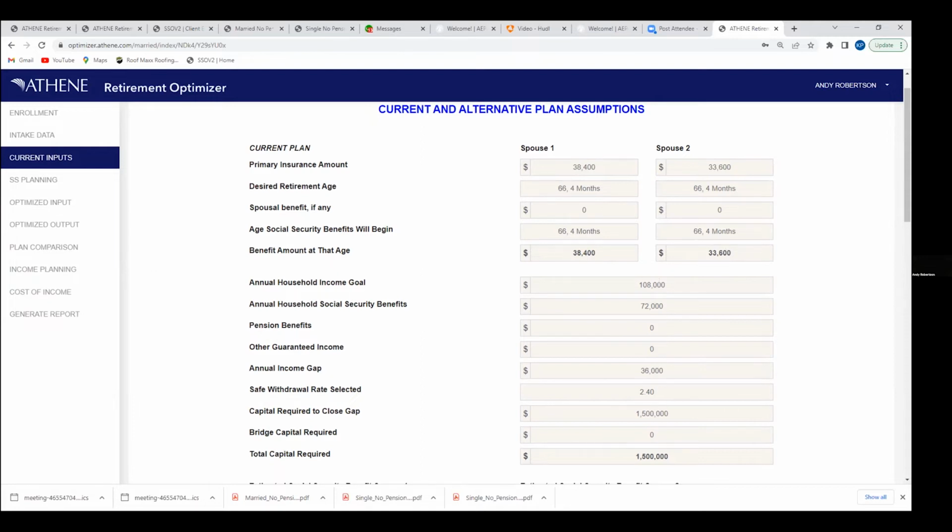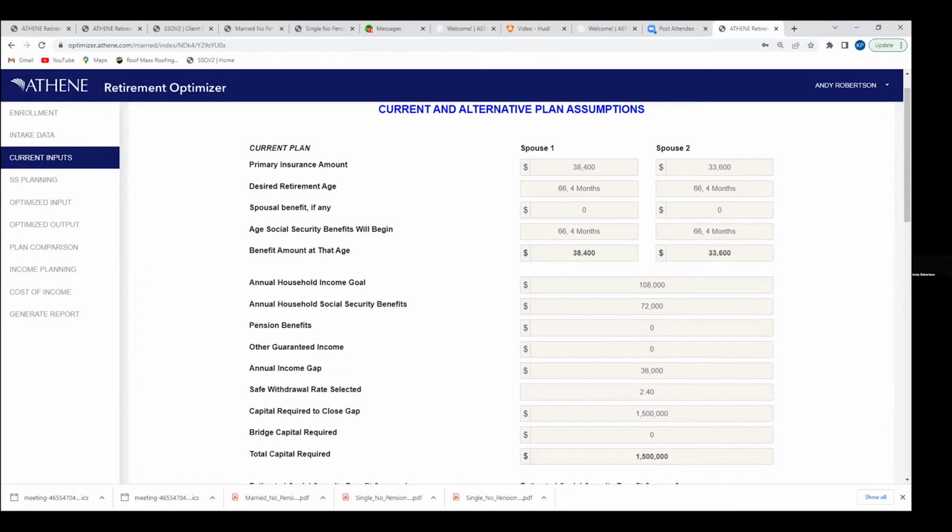So if they have a $108,000 income goal and Social Security is going to provide $72,000 of it, there's no pensions to consider, no other forms of guaranteed income. The annual income gap, if they turn on income, they retire and collect benefits today, the gap is $36,000. So we're going to stress test whether or not the $1.2 million they've accumulated is going to be enough to meet their plan objectives.